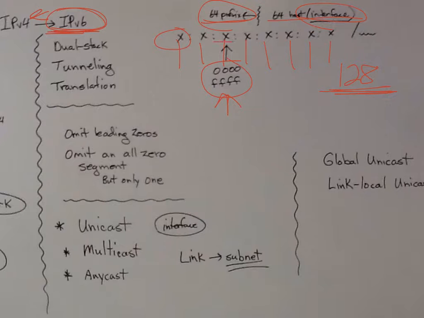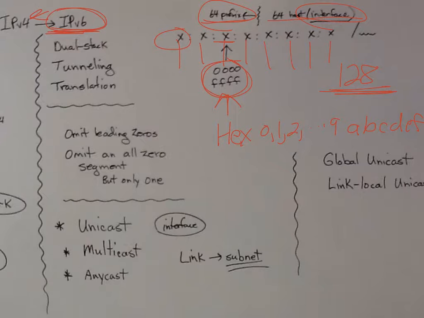The range of what these can be, they can be all zeros to all Fs. What does that mean? Well, we have to go back to base 16, right? We have base 16, or hexadecimal, so we have 0, 1, 2, to 9, and then for 10 we use A, 11 we use B, C, D, E, F for 15.